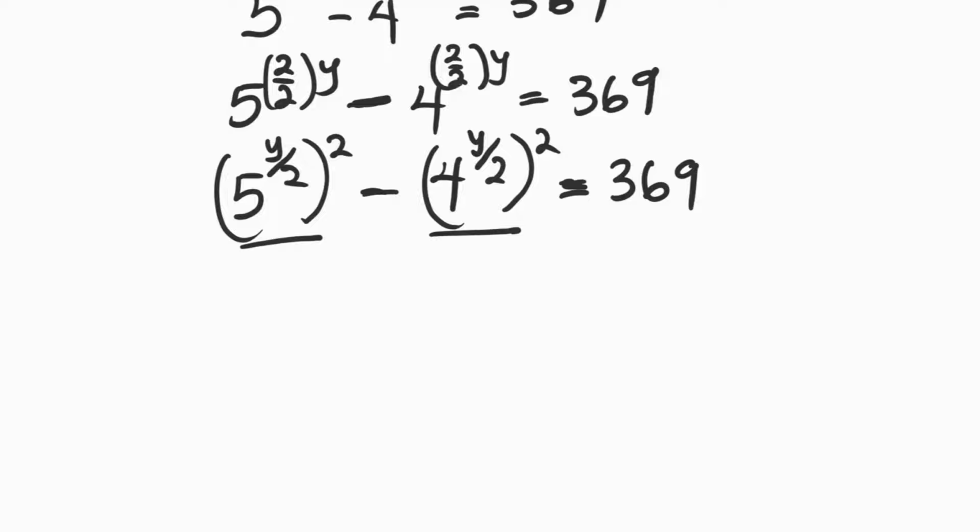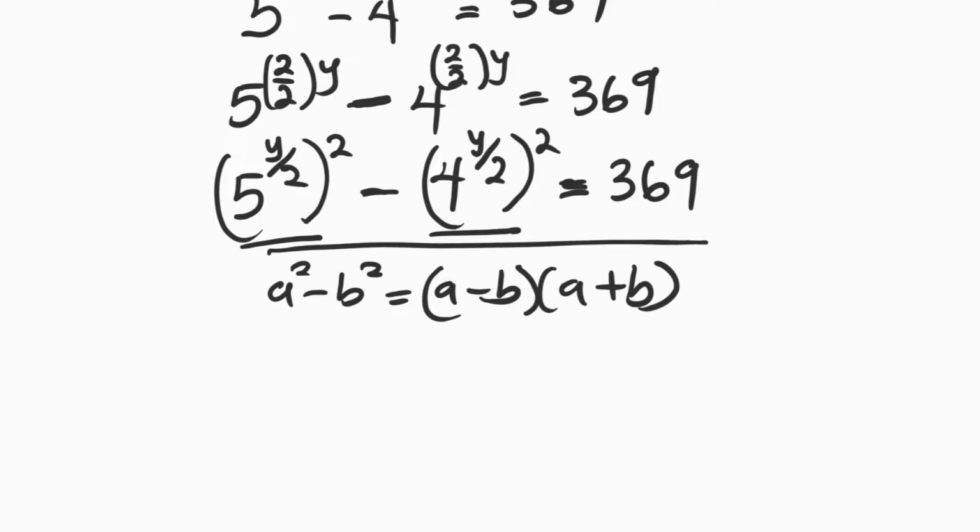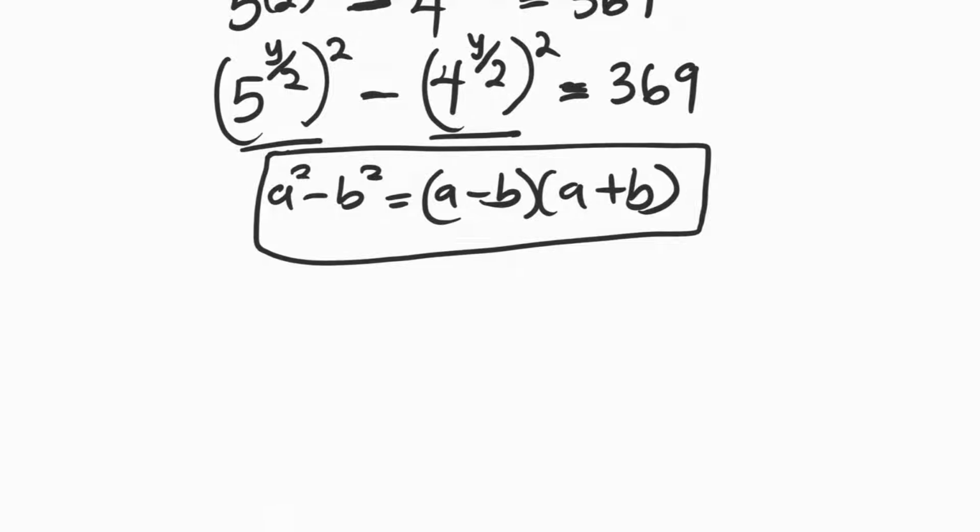Now, we know that a squared minus b squared is the same thing as a minus b and a plus b. So this is our reference formula.